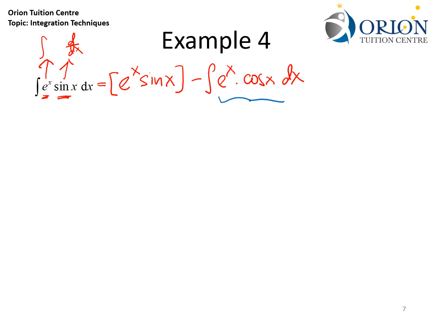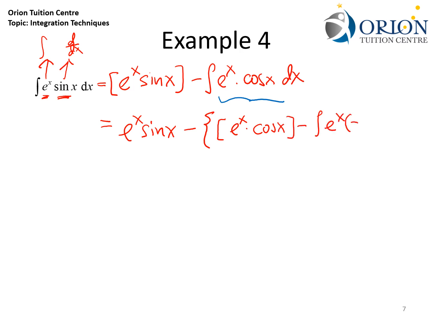We have to perform integration by parts one more time on this second term over here. And let's perform another integration by parts. So we have e^x sin x minus a big curly bracket, a square bracket of e^x times cosine x minus integration of e^x times negative sin x dx.